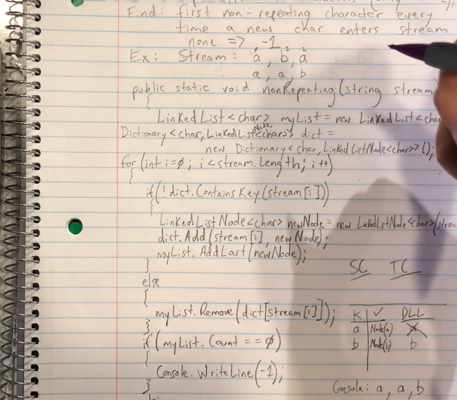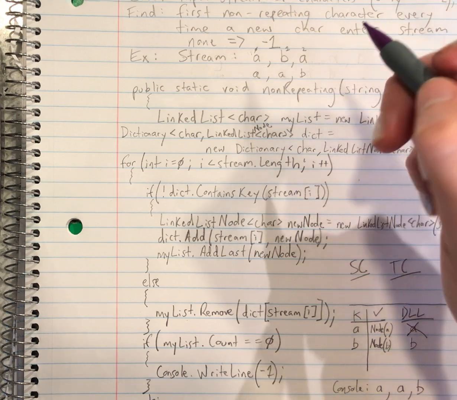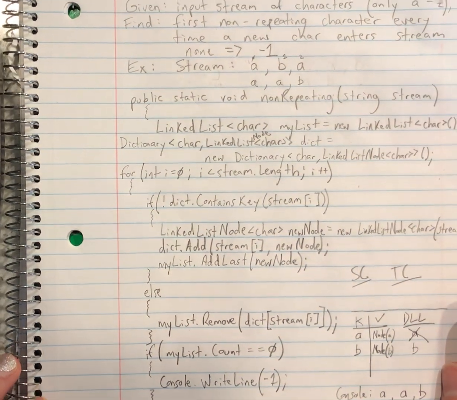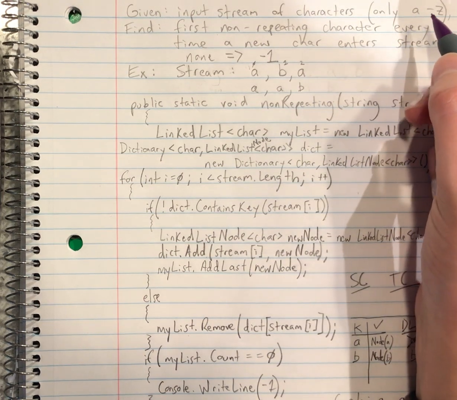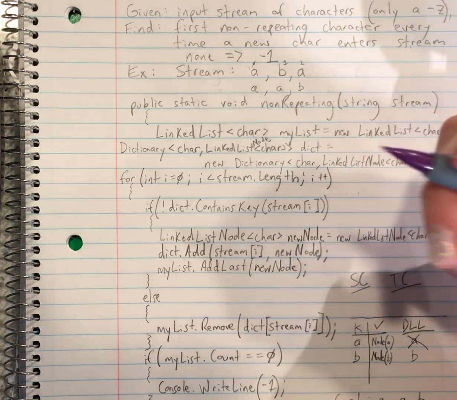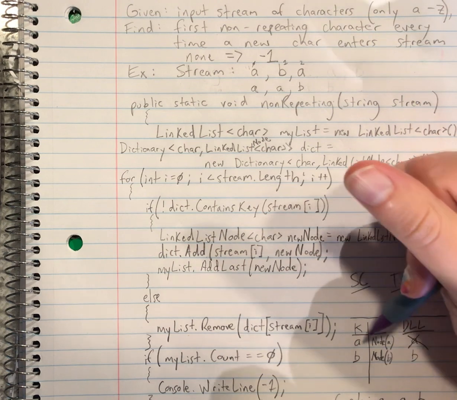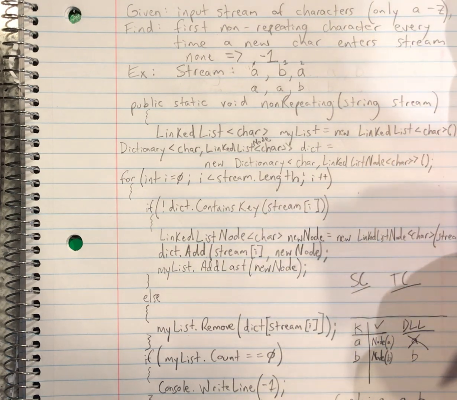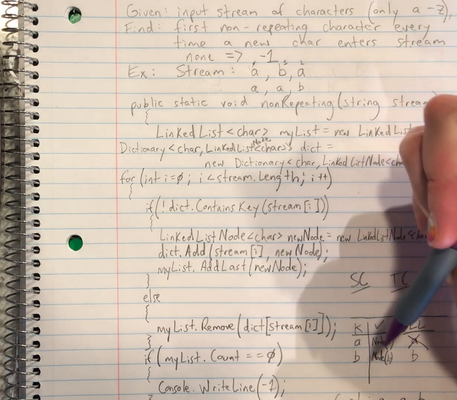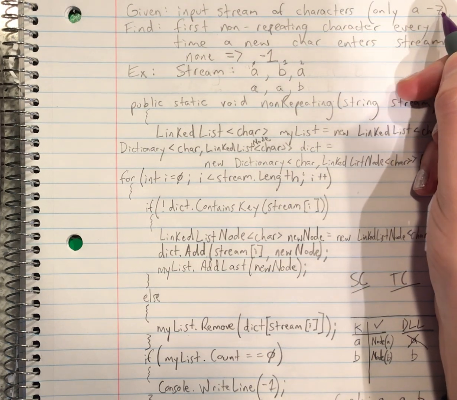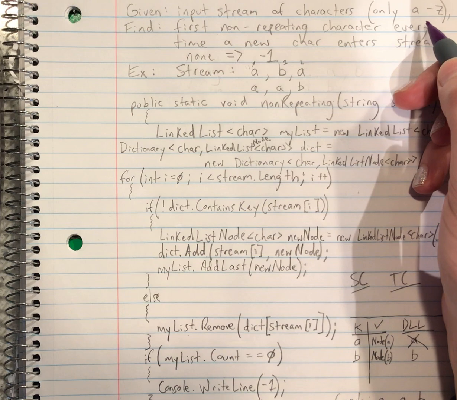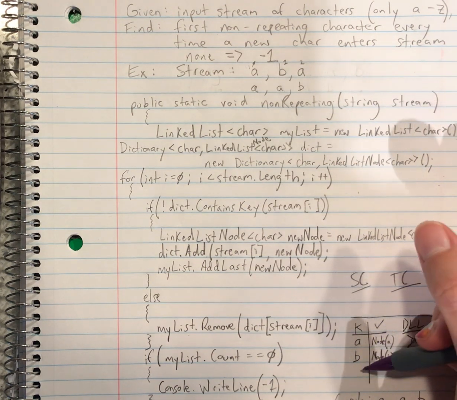So we go back to the problem statement here, and we're given an input stream of characters that is only between A through Z. So let's think about this together for a minute. The keys that are being inputted into the dictionary are limited to the 26 characters A through Z, which means that the space complexity of the dictionary is constant.